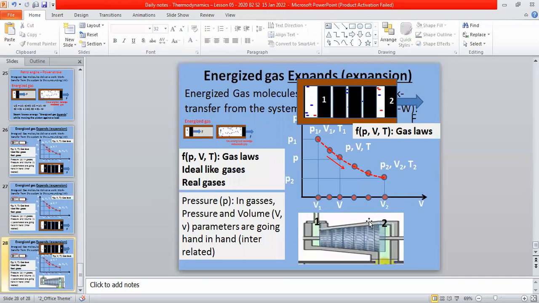Okay. Good. So 1 and 2. And you can see different states like this. So whatever comes here at 1, the pressure and temperature and volume are here, of course at certain temperature levels. Volume increase means the gas expands. Pressure reduces.